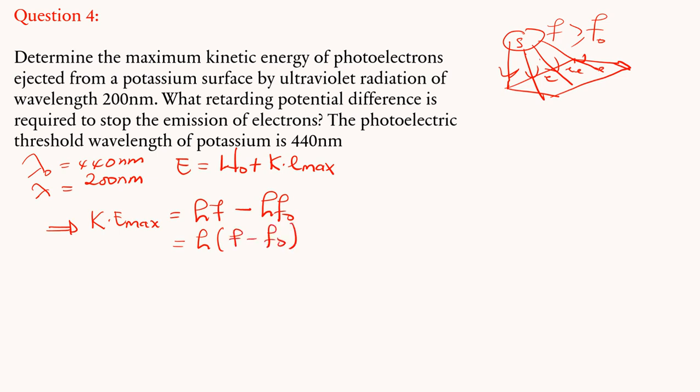But remember, what was given to us are wavelengths. So it means h into c on lambda minus c divided by lambda 0. And this is the same as hc into 1 on lambda minus 1 on lambda 0.